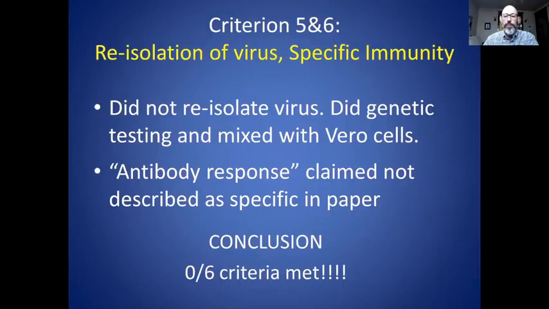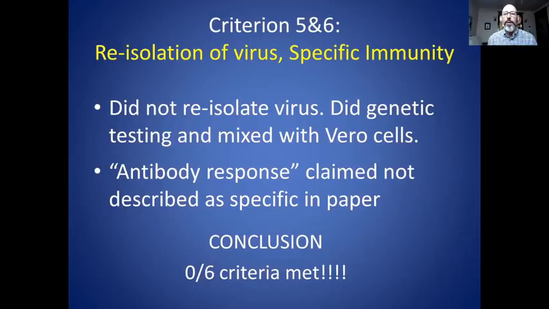So let me just summarize, because there are several misrepresentations in that article. First, in the title, they said they satisfied Koch's postulates, but in the second paragraph, they said actually they used Rivers' revision of the Koch postulates, which are distinct. And then they claimed that 4 papers satisfied the first 3 criteria, but upon closer examination of those papers, not one criterion for any of those papers was satisfied.